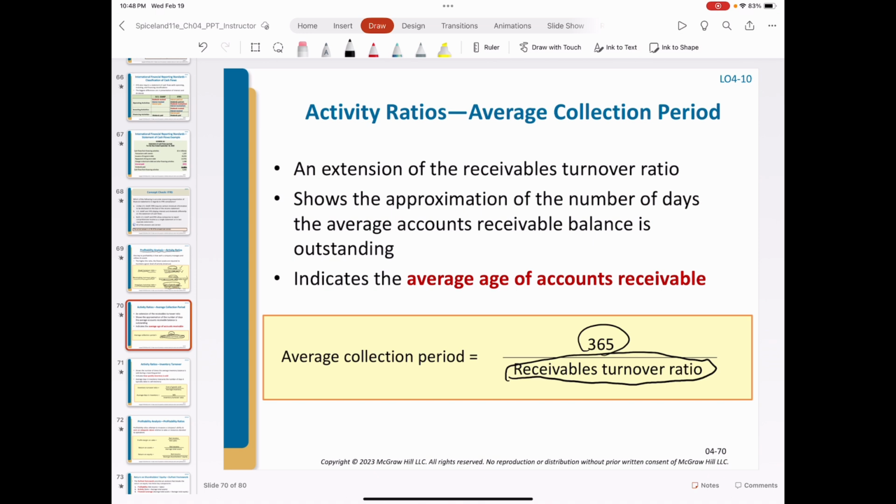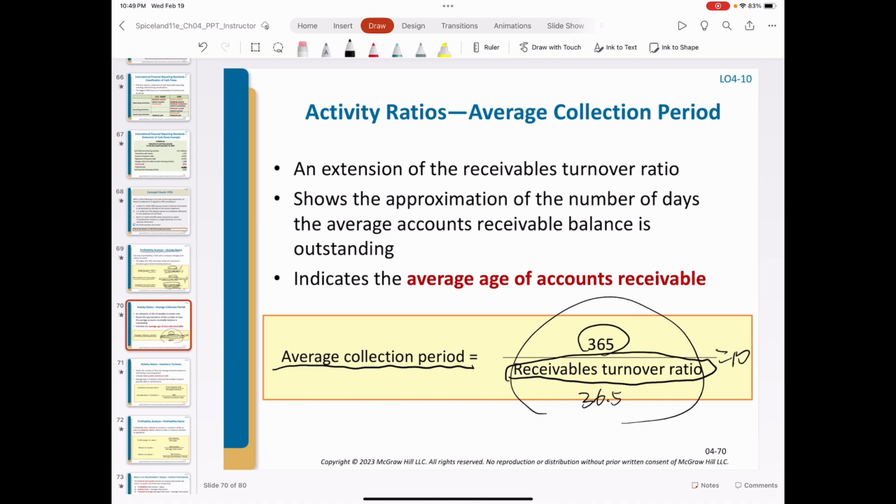Then we get a number that represents, on average, how many days it takes the company to convert its receivables into cash. If I assume the receivable turnover is 36.5, the result is 10.